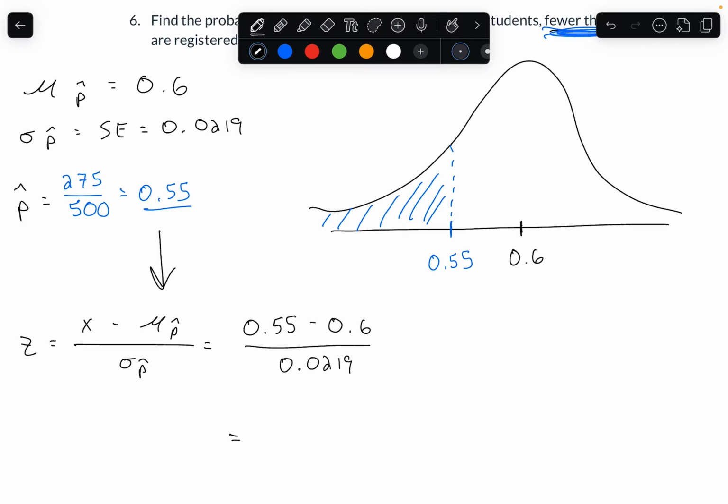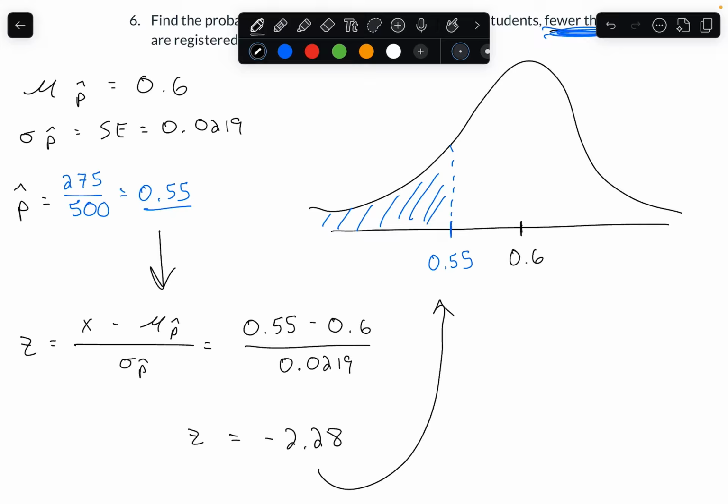Let's go ahead and divide this out: 0.55 minus 0.6 over 0.0219. This time I ended up with a z-score of roughly negative 2.28. So I have negative 2.28 as the z-score corresponding to 0.55.